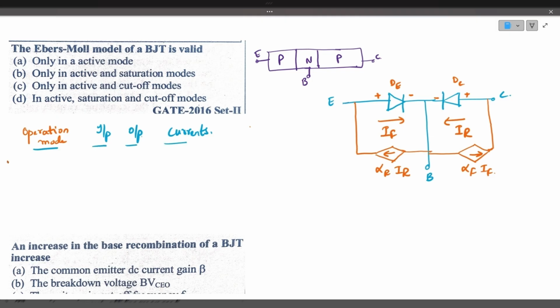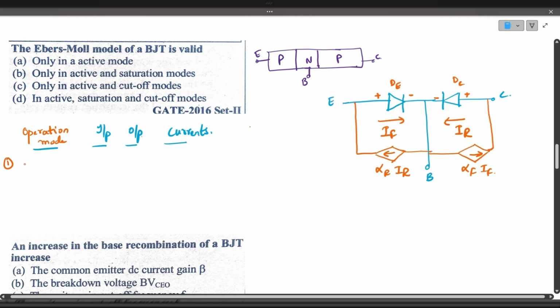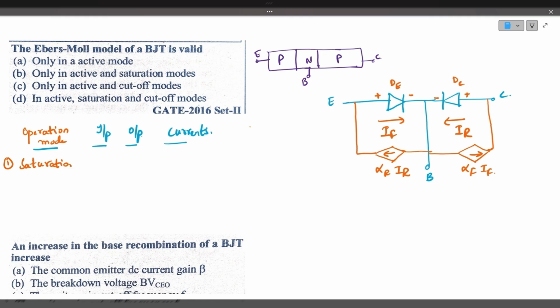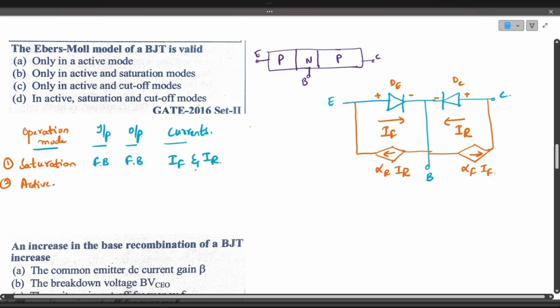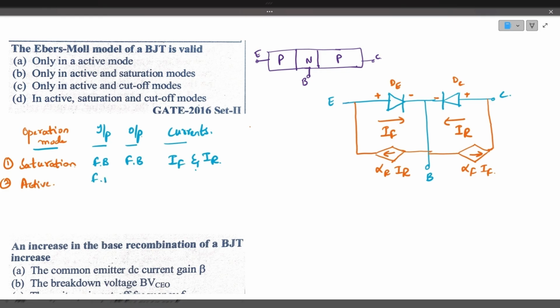If the transistor is working in the saturation region, both junctions, the input emitter junction and the output collector junction, should be forward biased. The currents that will be activated are IF and IR. Both currents get activated. Similarly, for the active region, the input junction is forward biased and the output junction is reverse biased.